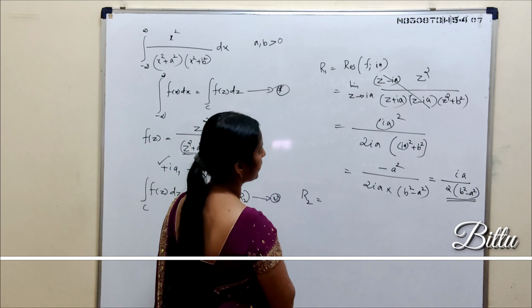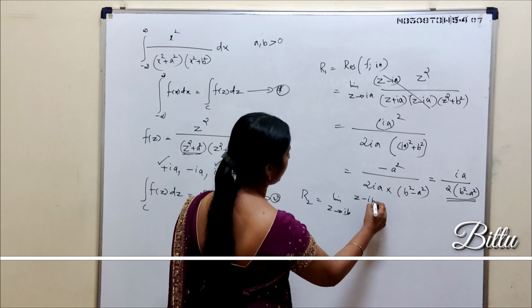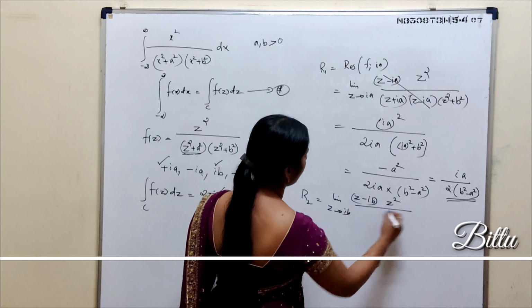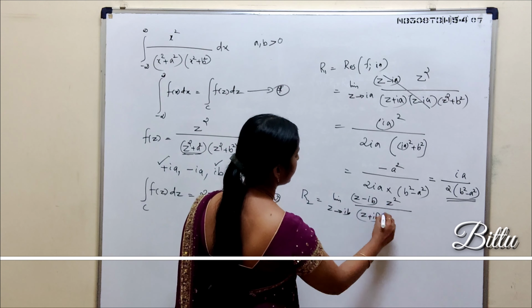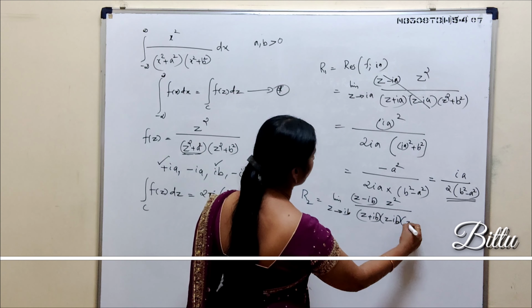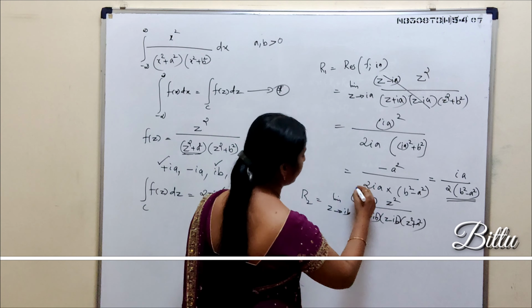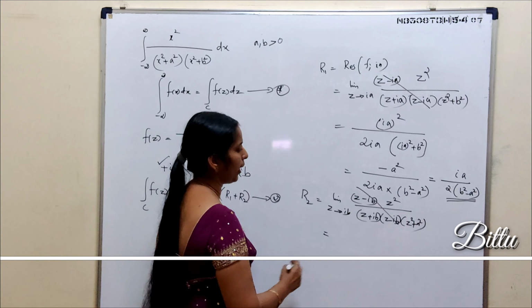r2 is considered as the residue of f at ib. So it is limit z tends to ib of (z minus ib) into z square by (z plus ib) into (z minus ib) into (z square plus a square). You put z equal to ib.